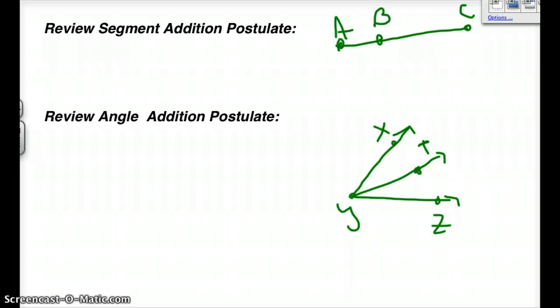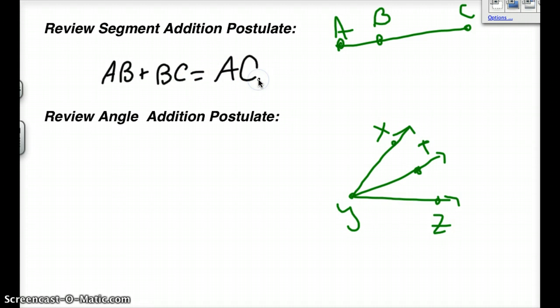All right, let's take a look here. First thing I like to do is review the segment addition postulate and the angle addition postulate. Remember, the segment addition postulate is where you add the two pieces together to get the whole line segment. So I have segment AC, and that equals AB plus BC. That equals the whole entire segment AC. Angle addition postulate: I know that you don't have that on your paper, but you can probably sneak it in on the right-hand side by the first proof.